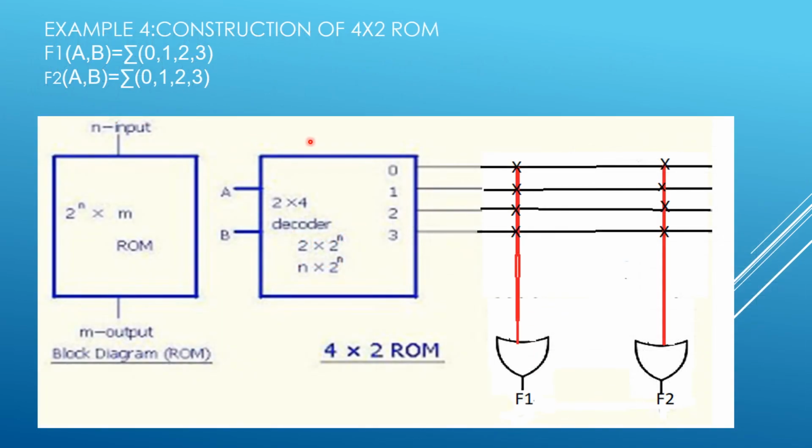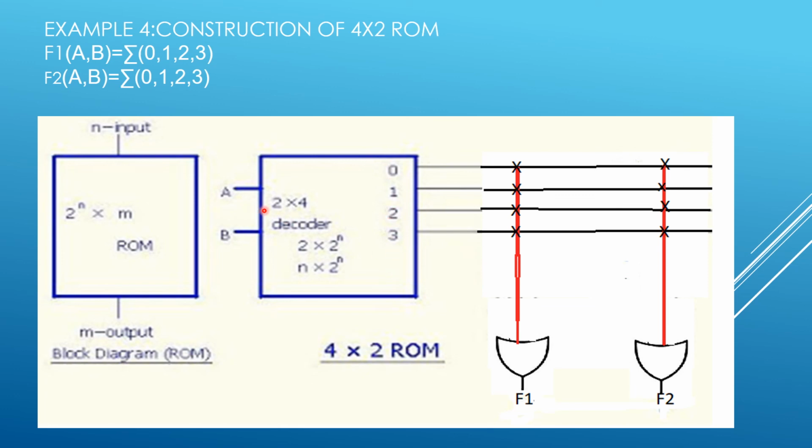So this is another problem, how to construct a 4 cross 2 ROM. This is a 2 to the power of n by m ROM, a simple way of saying n inputs and m outputs. So a 2 cross 4 ROM is going to have 2 input lines and 4 output lines. The 4 output lines are designated as 0, 1, 2, 3.